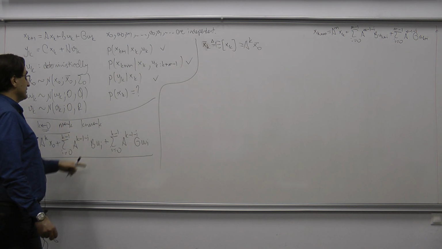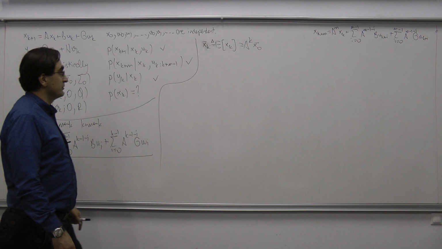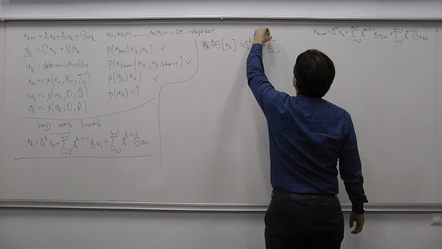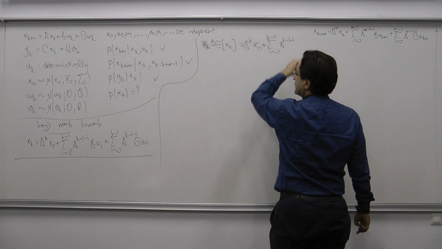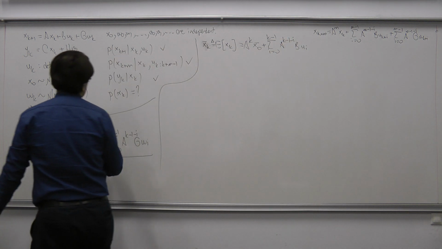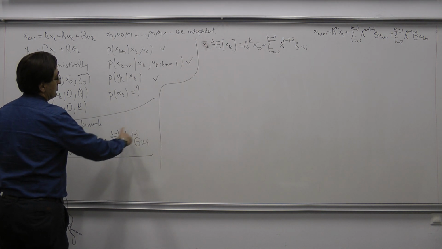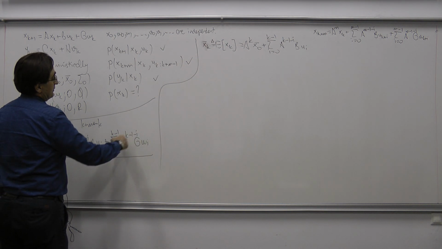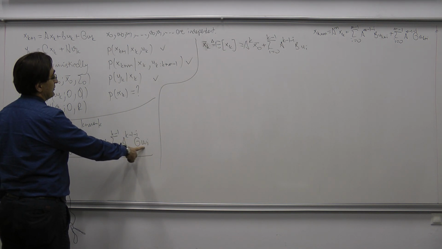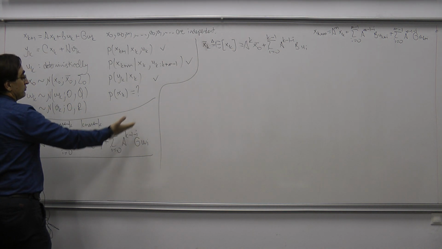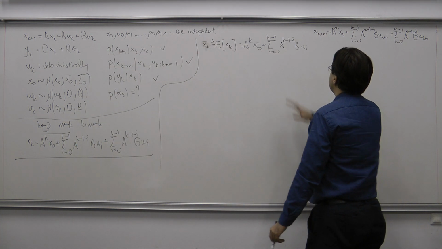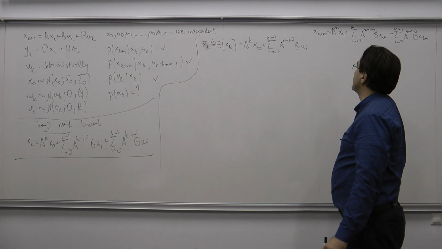These are all deterministic. That means that they're going to get outside of expectation directly. So I have the sum over i from 0 to k minus 1 of a to the k minus 1 minus i times b ui here. And then I will take the expected value of each one of these process noise terms. And I know that these are linear in wi, and I will take the expected value of wi directly. That is going to be equal to 0, which means that all of these terms are going to disappear here. So this is the expected value of xk.